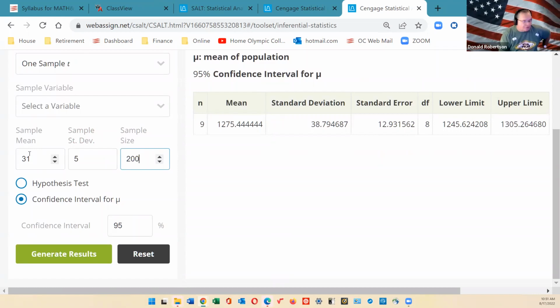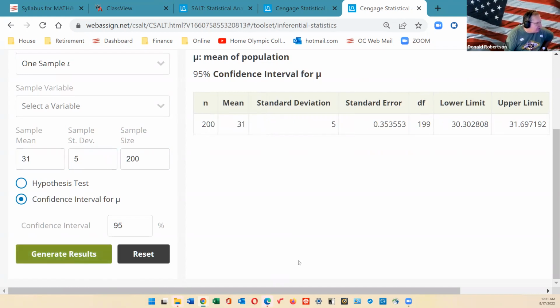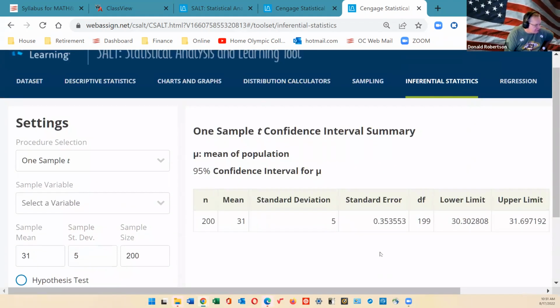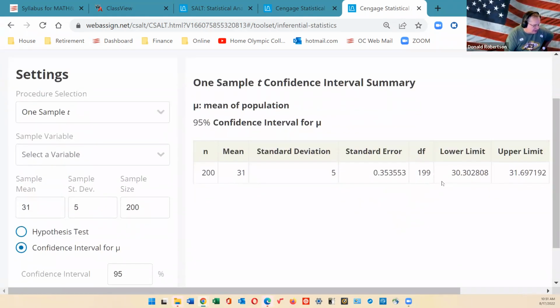Remember the one about the students and the 200 of them? Average age was 31, standard deviation is 5. Let's generate the results. And the lower limit is 30.3. And the upper limit is 31.7. And that is a 95% confidence interval.